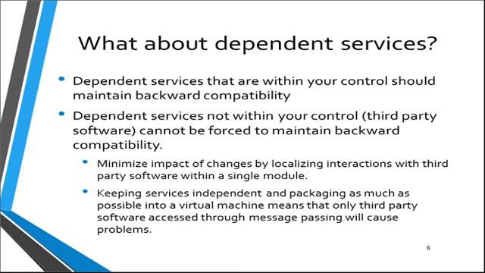Dependent services that are not within your control, third-party software and so on, cannot be forced to maintain backward compatibility because it's not inside your control. How do you deal with that? The standard architectural approach is to minimize the impact of changes by localizing the interactions with the third-party software in a single place, so that when you have to change it, you only have to change it once.